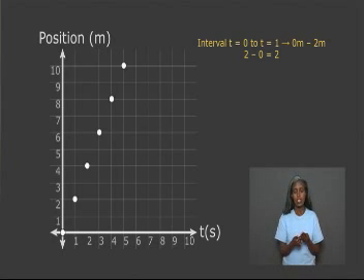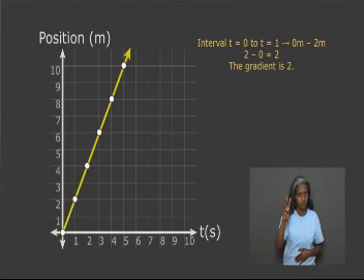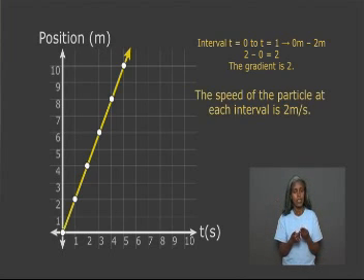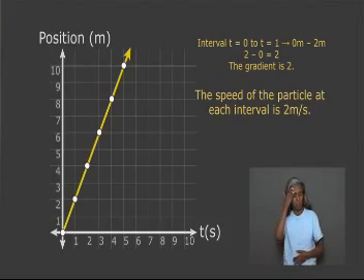So, the gradient of the graph is 2. Therefore, the speed of the particle is 2 meters per second for each of the intervals given. I am confident that everyone in the class found the same answer. That was a simple review exercise, was it not?